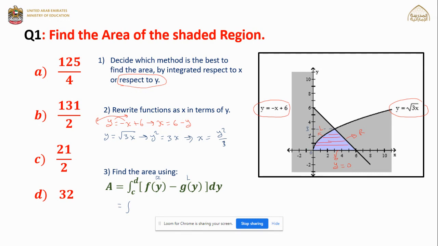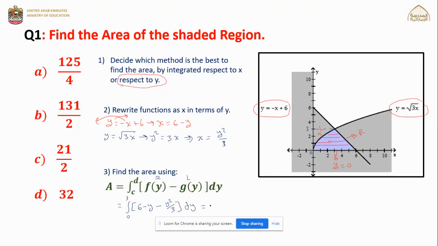This point is 3. So my integral goes from 0 to 3. The right function is the linear one, so it's 6 minus y, minus the left one, which is y squared over 3, dy.